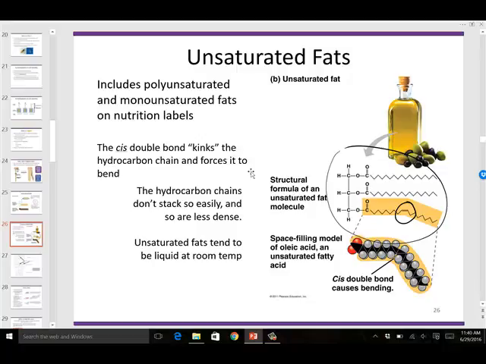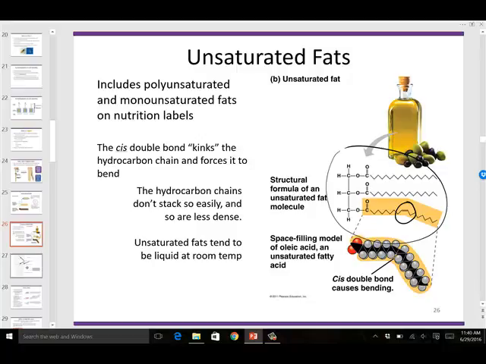Okay, we'll actually talk about trans fats in just a sec. And the positioning of the orbitals around that bond is what causes the kink. Now, because these kinky little fatty acid tails here don't really stack very easily, these fats tend to stay fluid, they tend to stay liquid at room temperature.